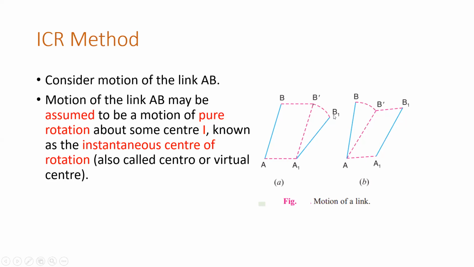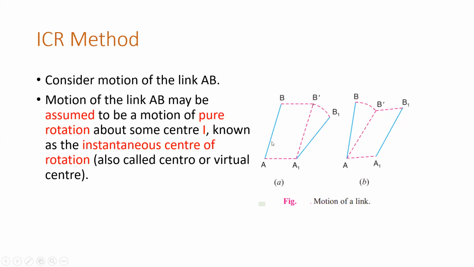So we can say that there is motion in the link AB, and we can divide the motion of the link AB in two parts.